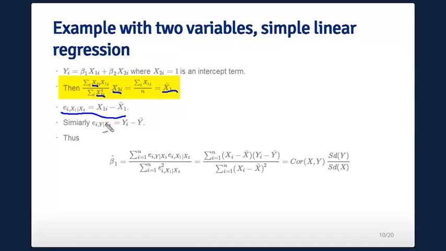And similarly, there was nothing particular about choosing x1 to do first. We could have done y first. If we regress x2 out of y, we get the centered y variables.